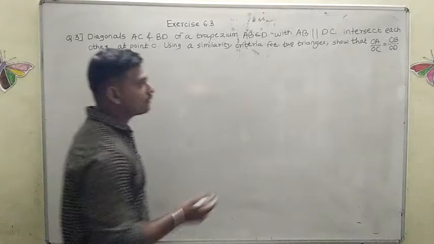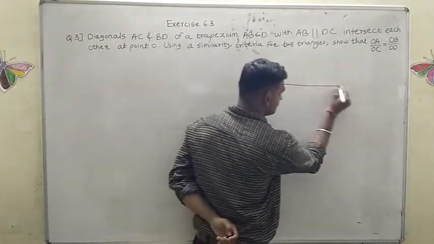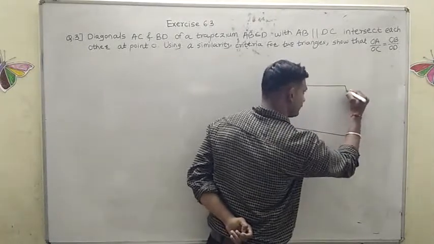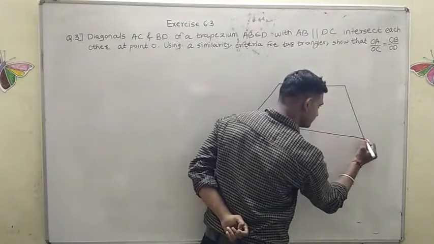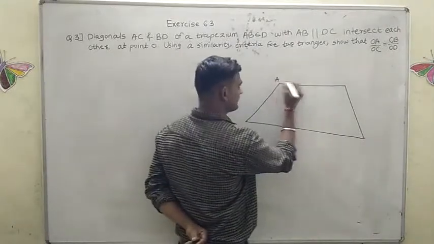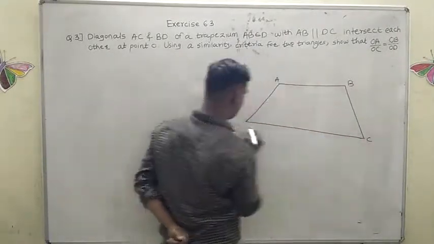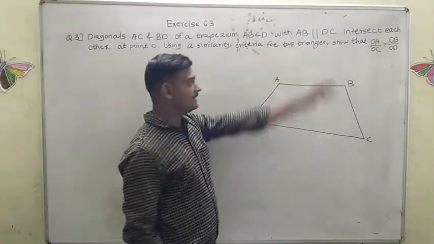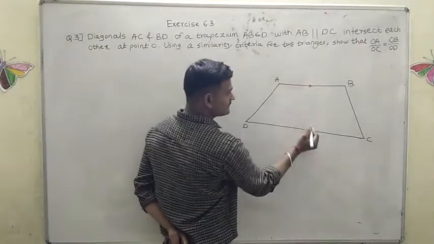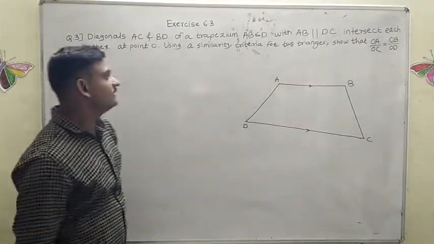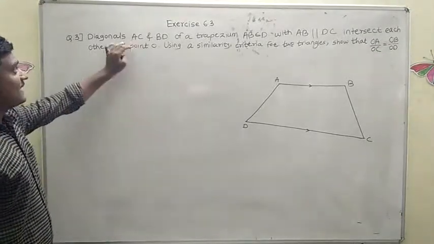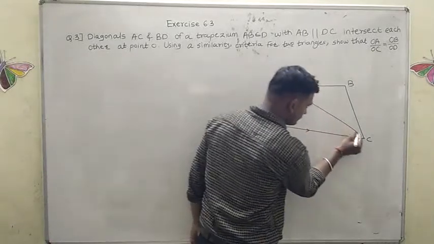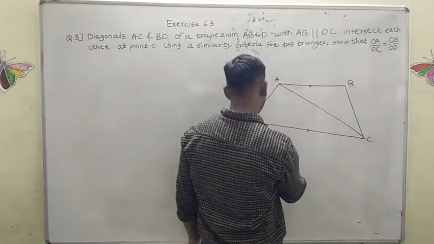See how to show this. First we will draw the diagram according to what is given. This is a trapezium ABCD. I will draw the trapezium and name it ABCD, and here side AB is parallel to DC, as given. Then I will draw diagonal AC and diagonal BD.